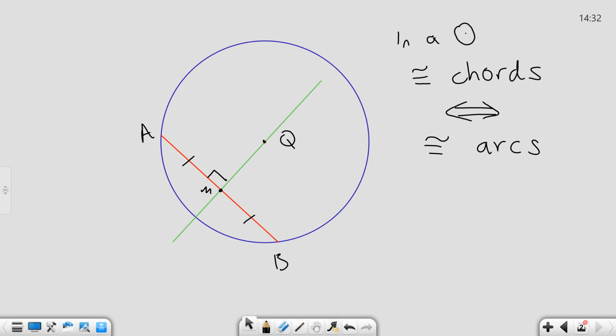Let's say this chord is 20 centimeters long, and it's 7 centimeters from the center of the circle. So notice, if the chord gets bigger, it moves closer to the center. If it gets smaller, it moves closer to the circle.